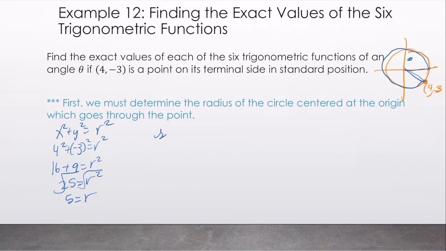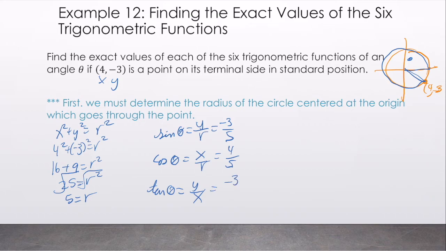So this means sine of theta, which is now y over r, is -3/5. Cosine of theta, which is now x over r, is 4/5. Tangent of theta is still y over x, so I've got -3/4. Cosecant of theta is now r over y, so I have 5/3.